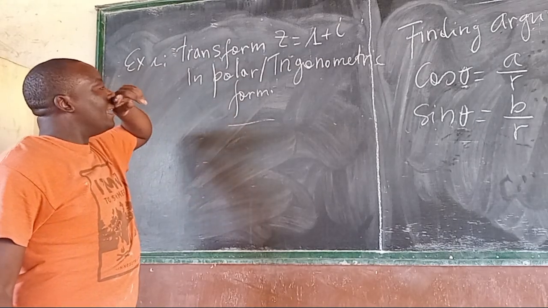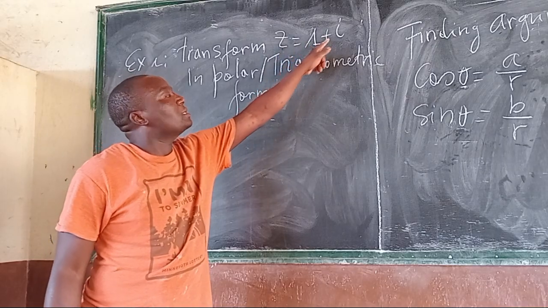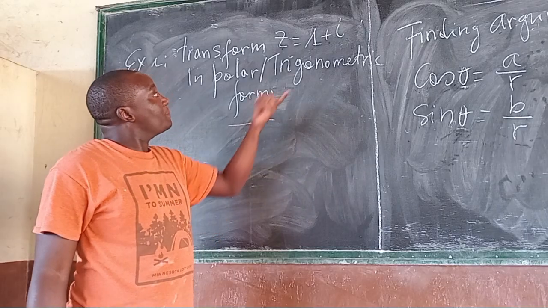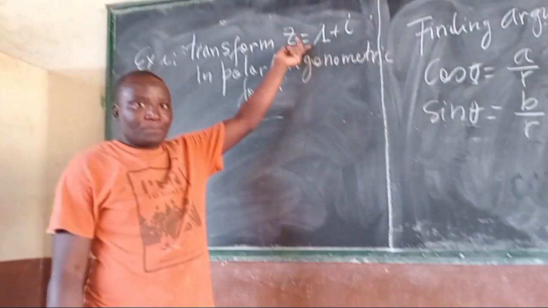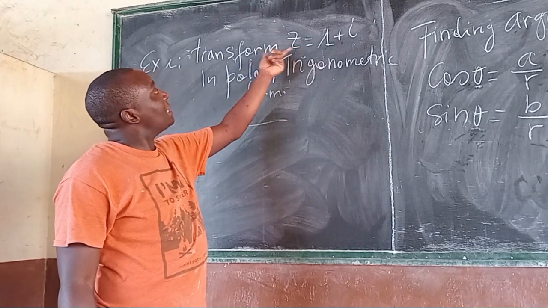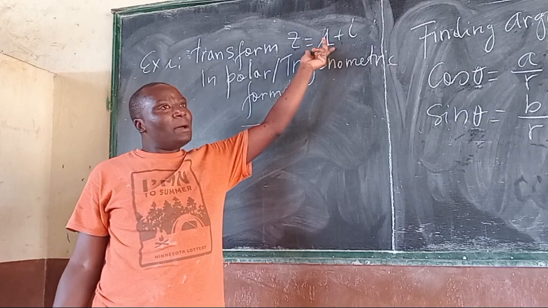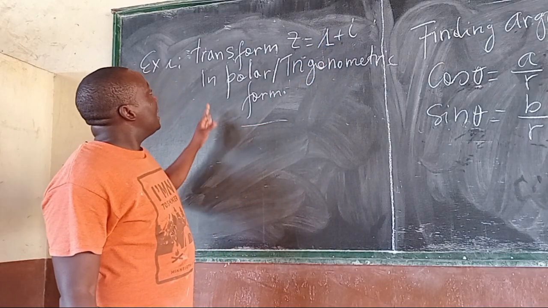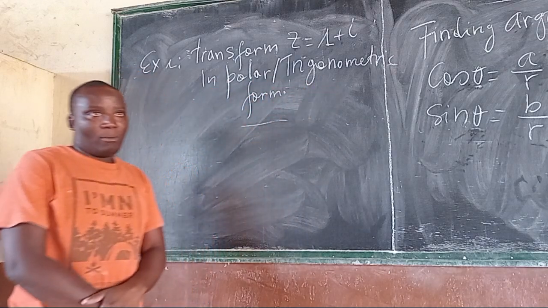We have a complex number z equal to 1 plus i. This complex number is expressed in the standard or algebraic form. Then you are asked to transform this standard complex number z equal to 1 plus i into polar or trigonometric form.